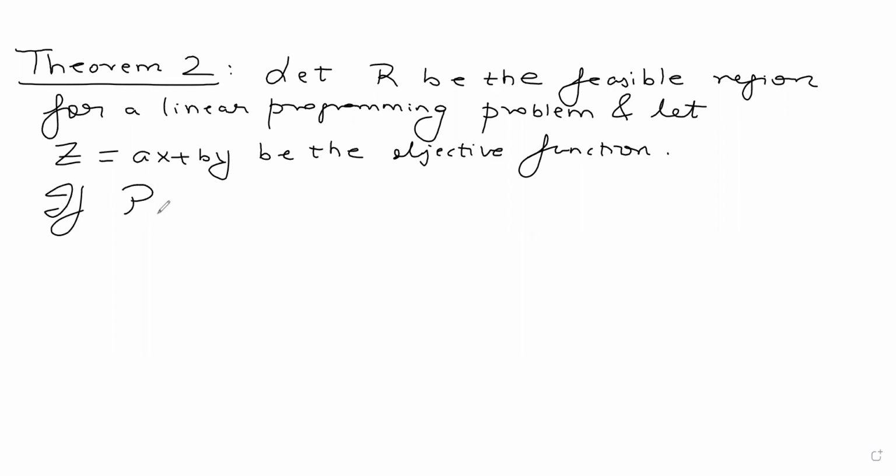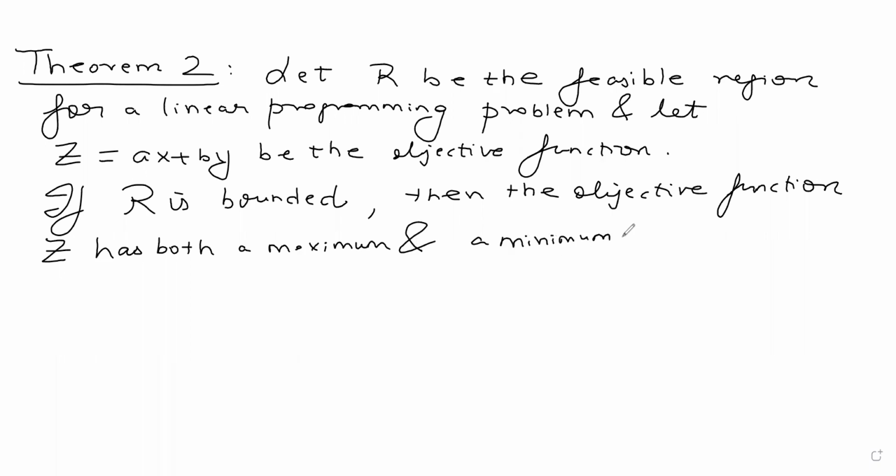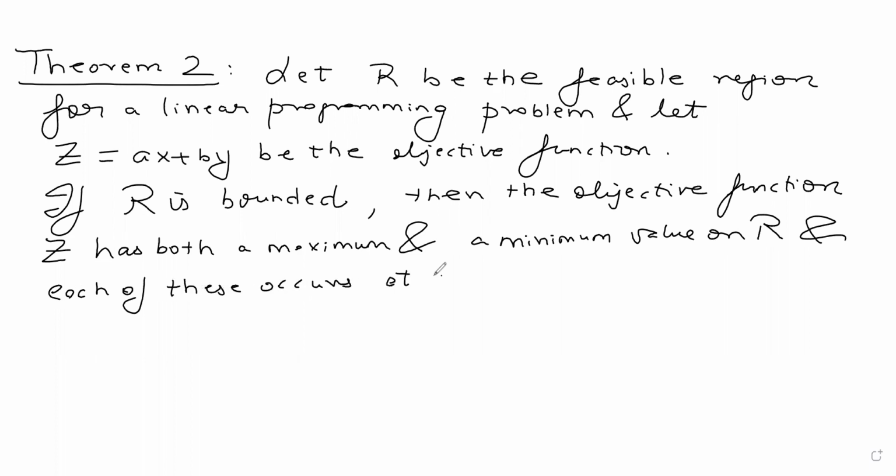Then, if R is bounded, I'll talk about what is meant by bounded in a few minutes. If R is bounded, then the objective function Z has both a maximum and a minimum value on R. And each of these values occurs at a corner point.